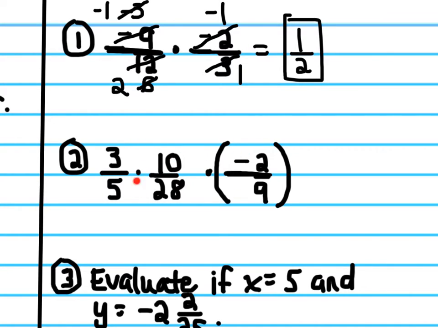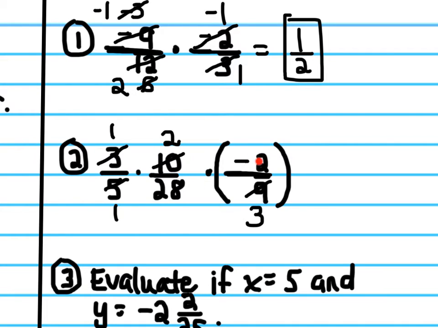I look at the 5 and the 10 and divide both by 5, making a 1 and a 2. Then I can even skip a fraction: I can cross-cancel this 3 with the 9 down here, jumping over the middle fraction. When I divide those by 3, the 3 becomes a 1 and the 9 becomes a 3.